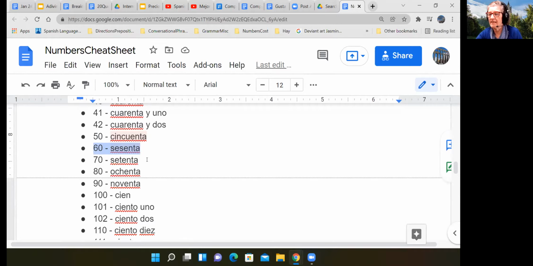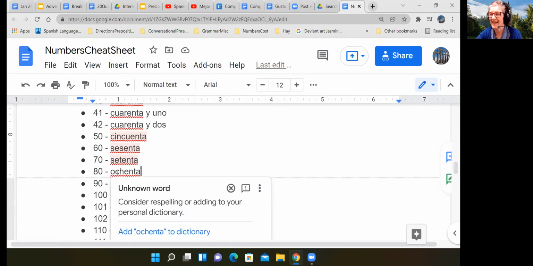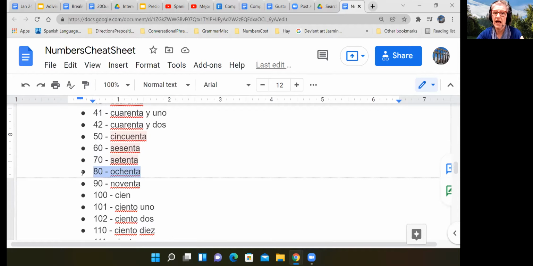See? 70 gets rid of the I from the word siete, right? 80 keeps most of ocho. 90 just doesn't use that UE of nueve. 90 changes the 9 number into the UE into an O.